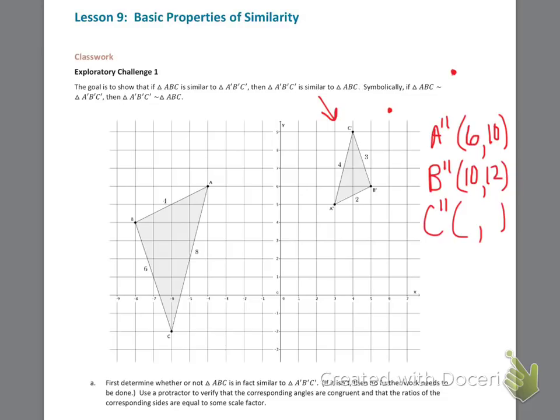And for C double prime, the x-coordinate is 4, it would become 8. The y-coordinate is 9, so it would become 18, 2 times 9. So 8, 18 is way off my grid, somewhere up there, okay?